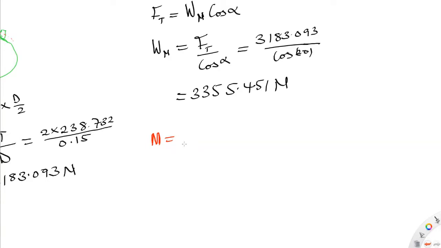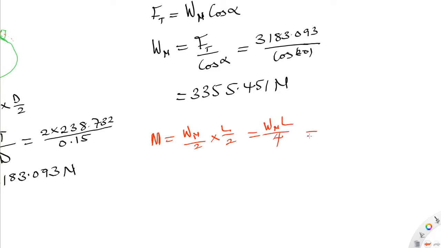Wn on 2 times L on 2 is mainly Wn L on 4.